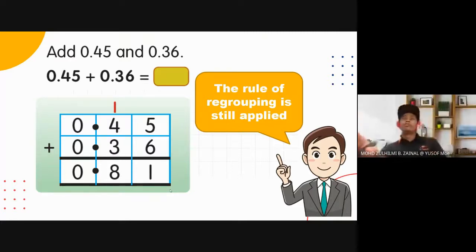Jangan lupa yang previously we learn during the earlier lesson, addition and subtraction, whole number punya tu. So you just remember to start your calculation from the last number, which is 5 plus 6. So 5 plus 6 equals to 11. So 11, bring down 1, bring up 1.